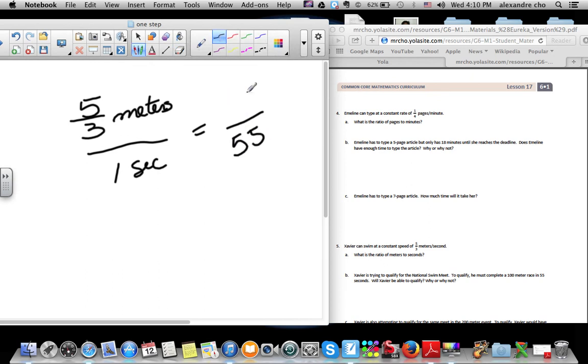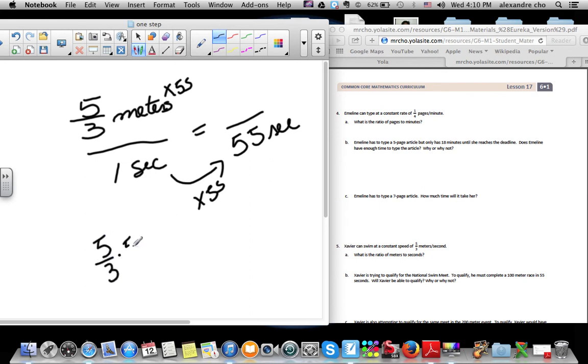And we know that whatever answer we get on top has to be 100 meters or less. So the relationship here is times 55, and we're going to multiply this times 55 as well on top.